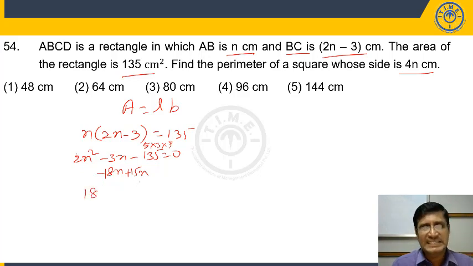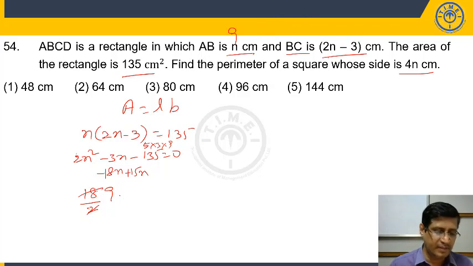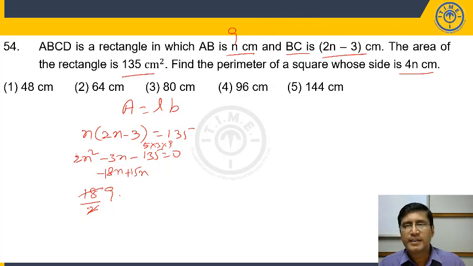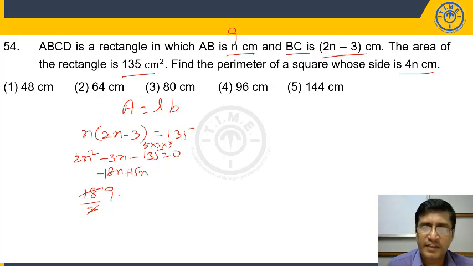Negatives do not exist here, so I am considering only positive. So 18 by 2 means it is 9. So what is the value of n? It is 9. So when n is equal to 9, 2n minus 3 is 2 into 9, 18 minus 3, 15.